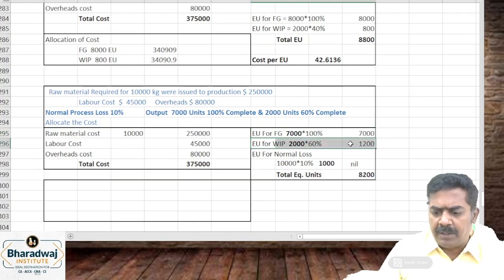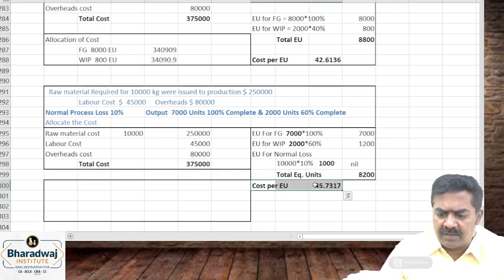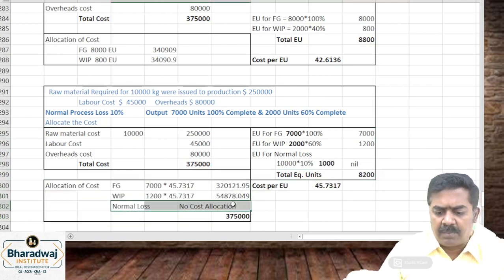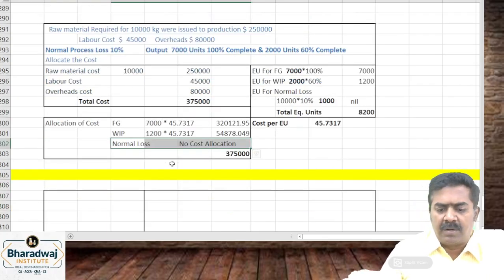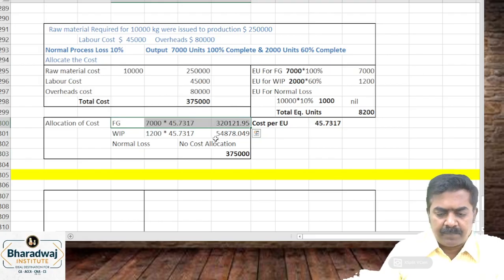For WIP: 2,000 into 60%. For normal loss, no equivalent unit. Total equivalent units, we assign the cost based on that. 3,75,000 divided by 8,200 will give us cost per equivalent unit. Based on that, we will allocate the cost between what? Finished goods and WIP. Normal loss, no cost is allocated. This also we have seen in the last class.